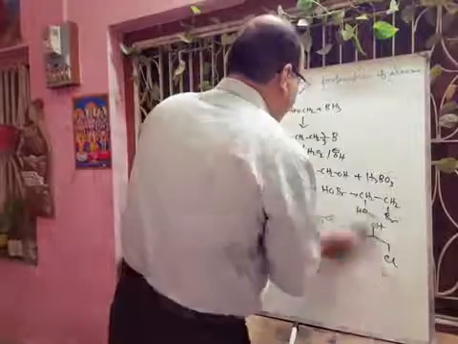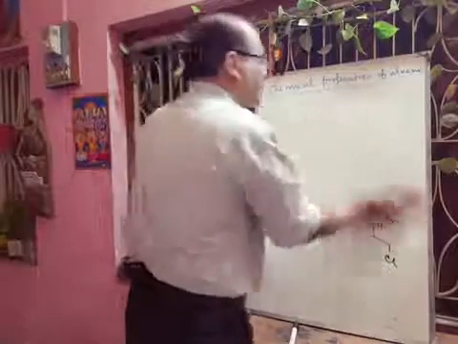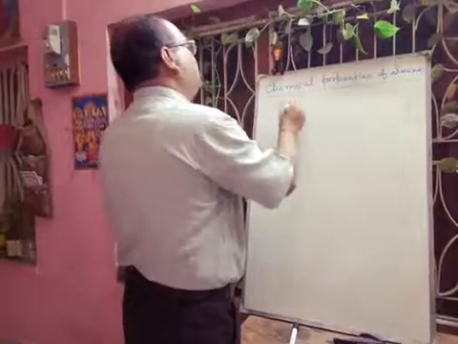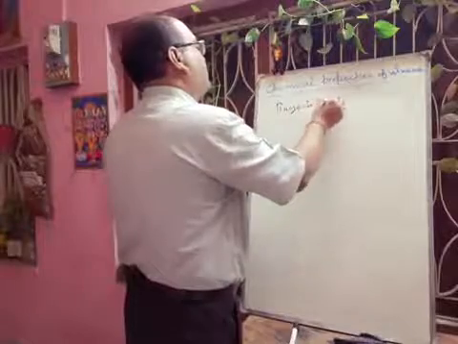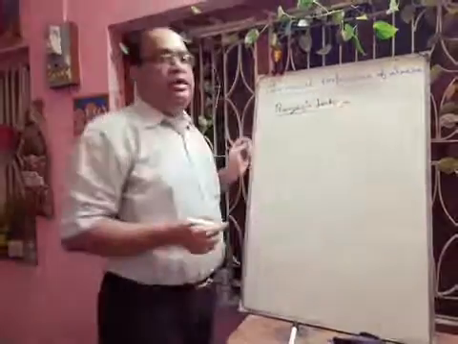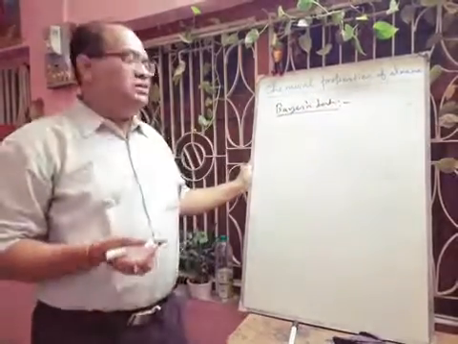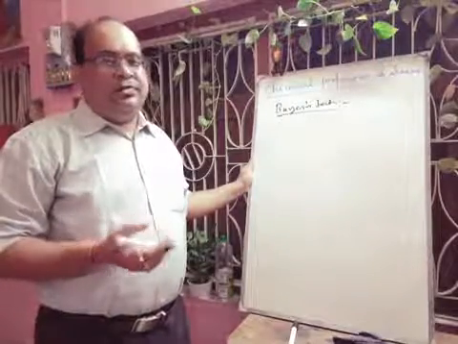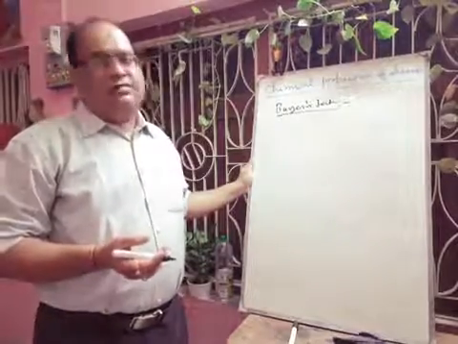Next is a very important example, that is the Baeyer reaction, Baeyer's test. From class 10 you know that in case of an unsaturated compound, if we add alkaline KMnO4 solution, it will become colorless and there will be formation of a diol.